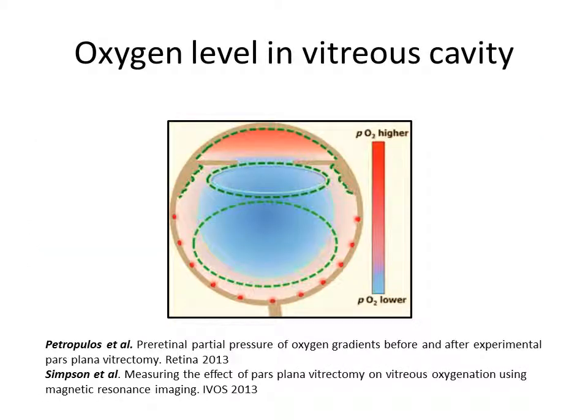So if we put all this information together, we can go back to the first slide, the slide where we described the oxygen level in the vitreous cavity. And after the vitrectomy, even if the gradient between the inside of the vessels and the center of the vitreous remains, we know that the saturation or the level of oxygen after vitrectomy is increased.